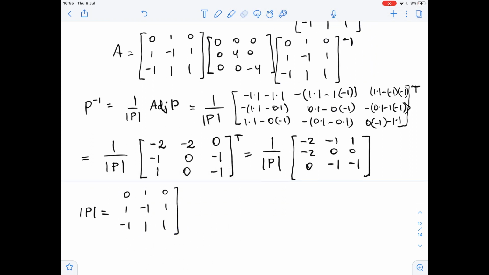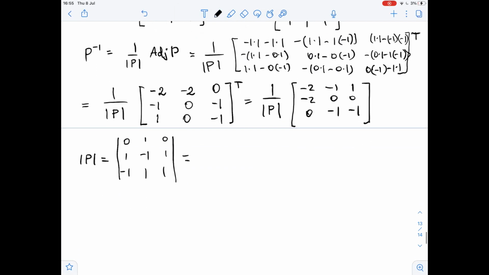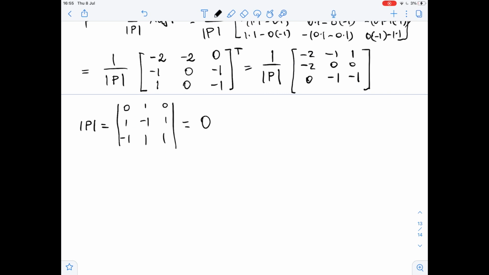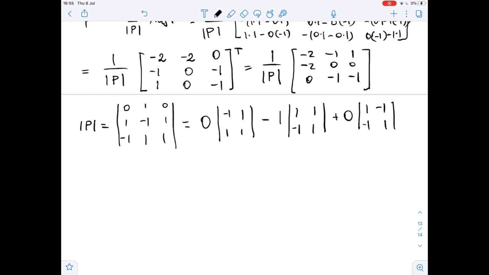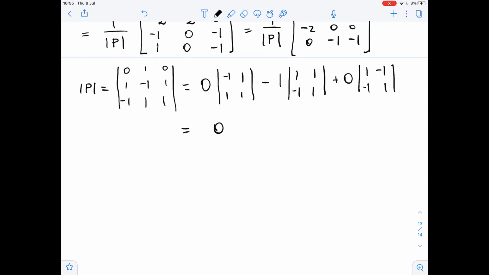The determinant of matrix P equals the first element of the first row, 0, times the determinant of negative 1, 1, 1, 1, minus 1 times the determinant of 1, 1, negative 1, 1, and plus 0 times the determinant of 1, negative 1, negative 1, 1. So this equals 0 minus, here we get 1 times 1 minus negative 1, so it's 2. And here we get 0. So the determinant is negative 2.